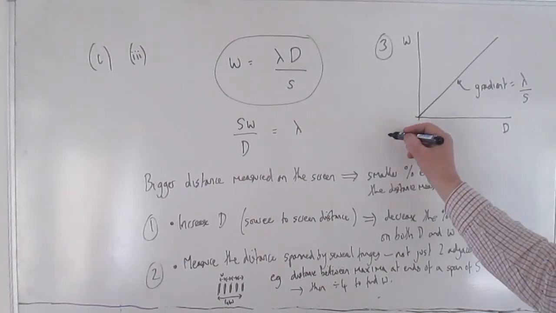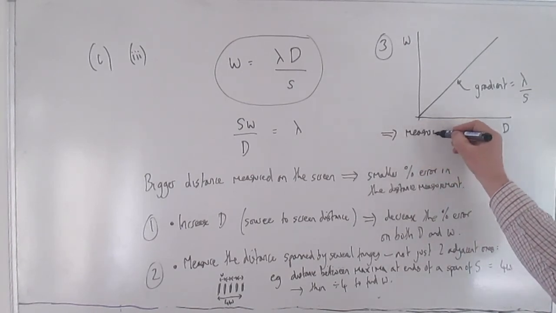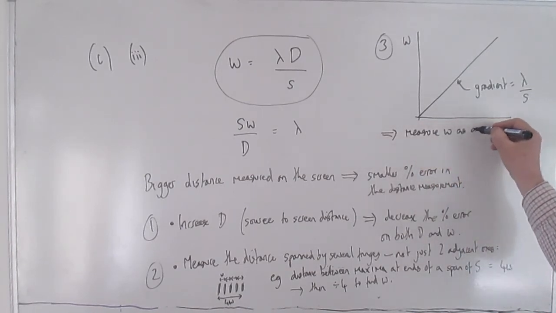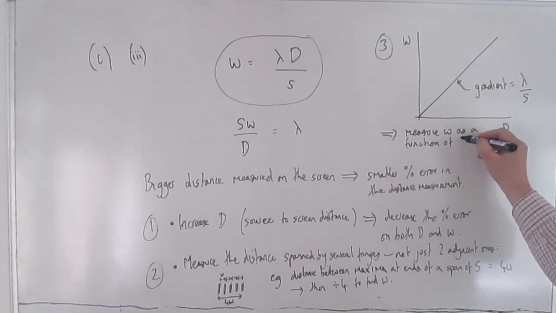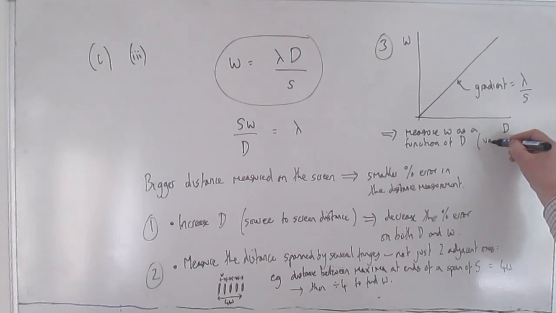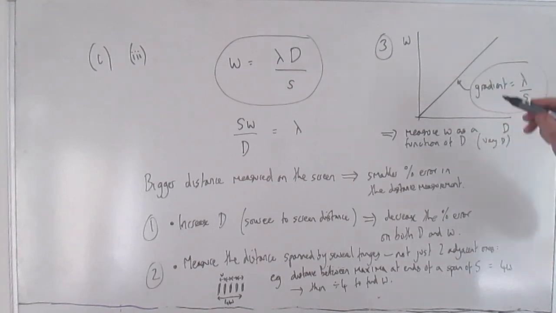So in other words, what you do is measure W as a function of D, so in other words vary D, construct that plot, and then find the gradient. And because you know what S is, because you know what the separation of the slits is, you can therefore deduce the value of lambda.